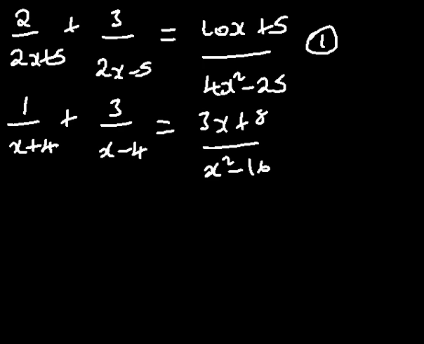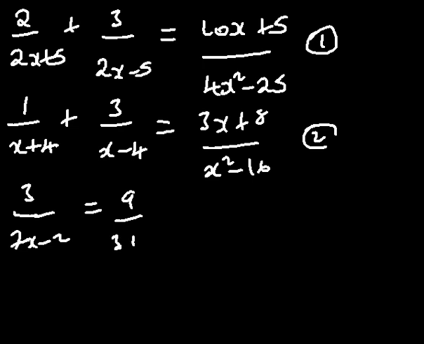How do you think we should solve for that one? And also let's try 3 over 7x minus 2, which is equal to 9 over 3x plus 1. How do you think we should solve for that?